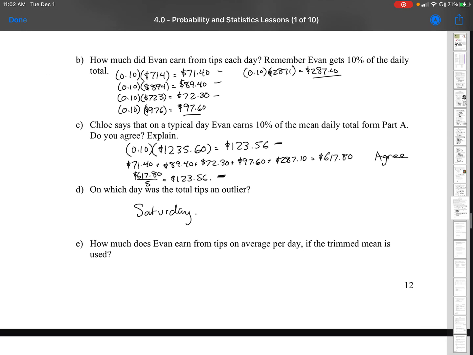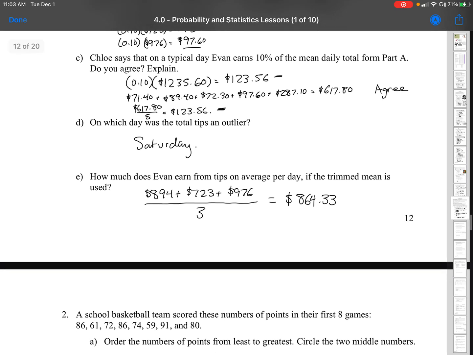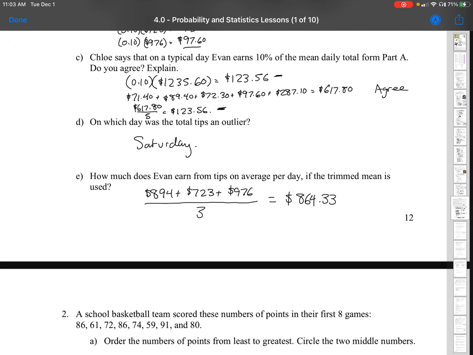So then we would go 894 plus 723 plus 976. And this time, because we got rid of our outliers, we would divide by 3 rather than dividing by 5, which would give you 864.33, like so.